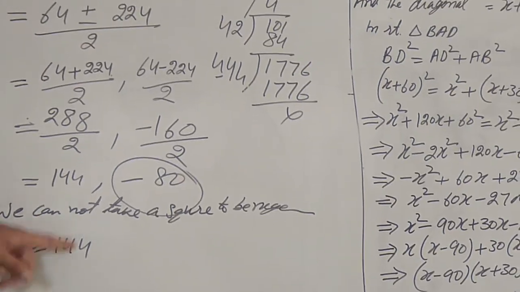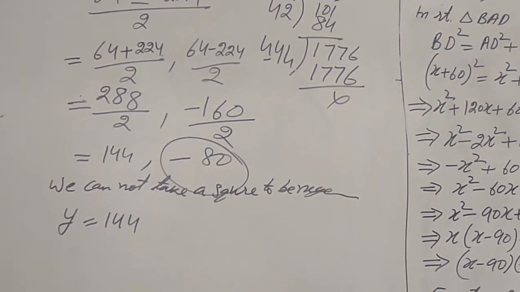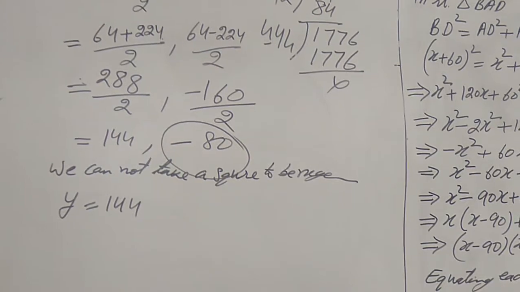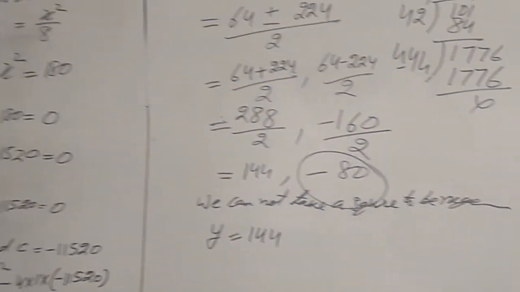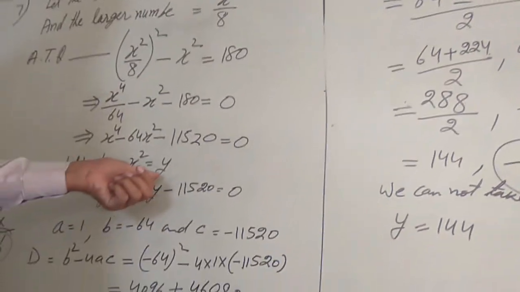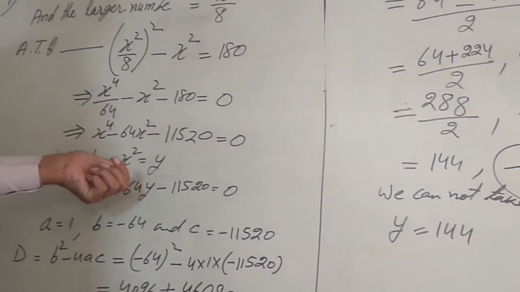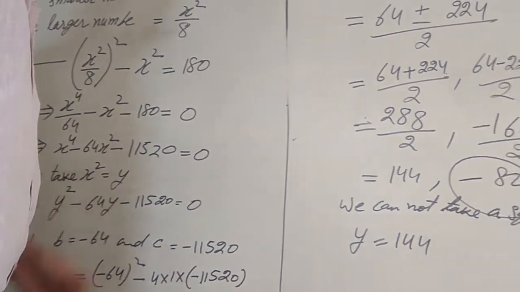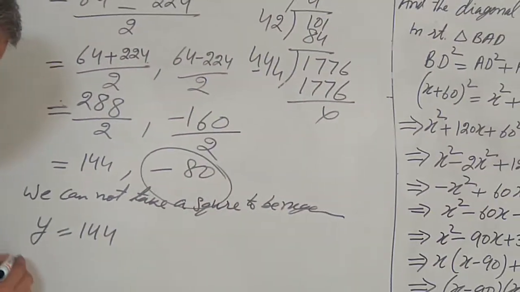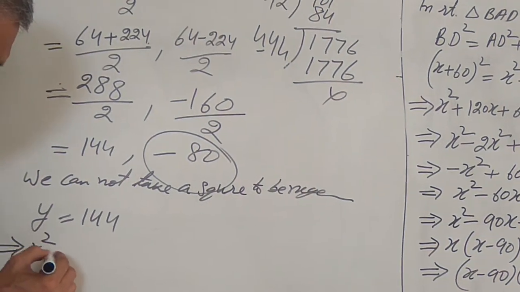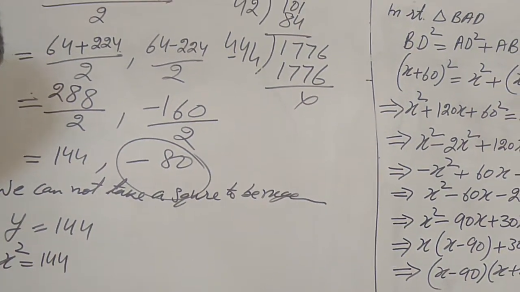But what is y? y is x square. We have taken y to be x square. So this means x square is 144.